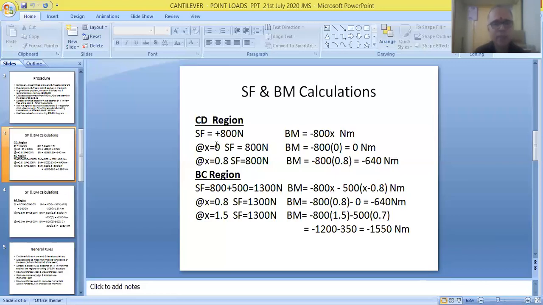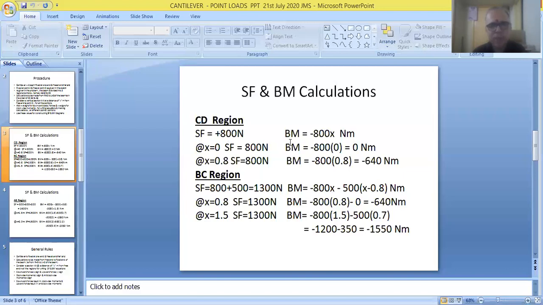Therefore, SF is written as 800 newtons. And as mentioned in the previous slide, this is acting in downward direction, so a plus symbol is allotted for this value. Therefore, SF is written as plus 800 newtons.